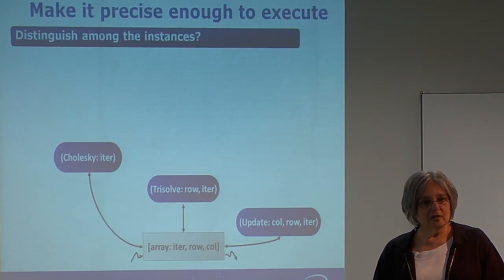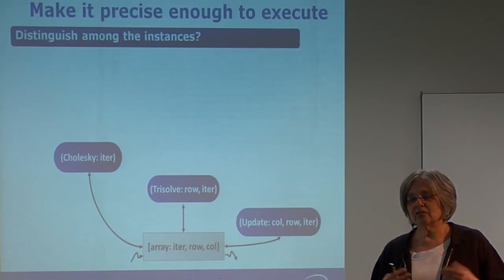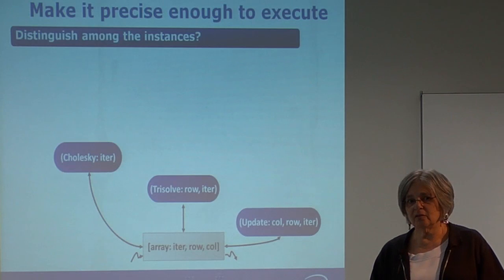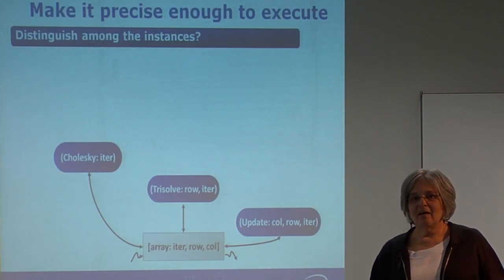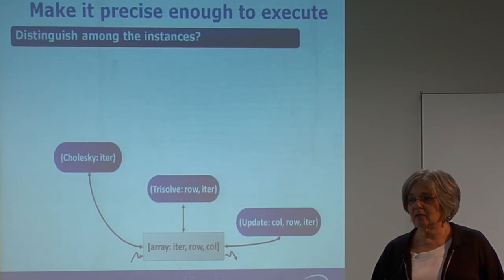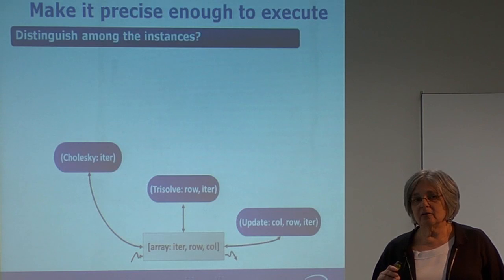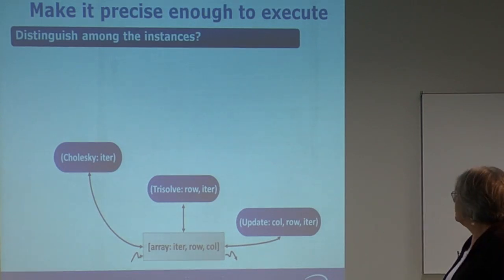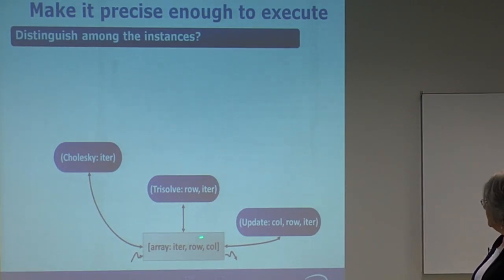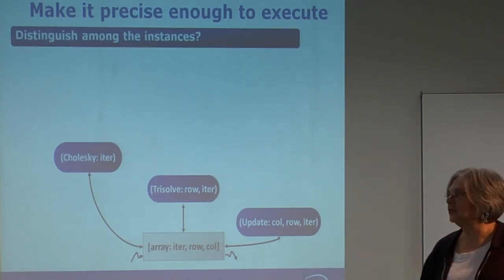And so it's a single assignment form where each value is going to have its own identifier, its own tag. Now that doesn't mean it executes that way, but at the level of the description, which we want to be independent of the target, you do write it in this single assignment form. So for example, iter, which is usually not seen in the array dimensions, you're gonna actually put here so you can distinguish between the values in different iterations.